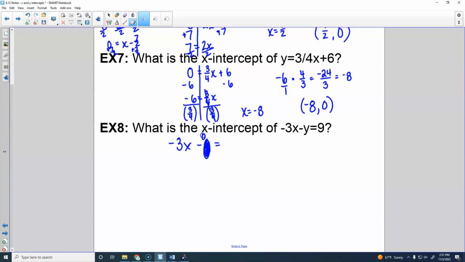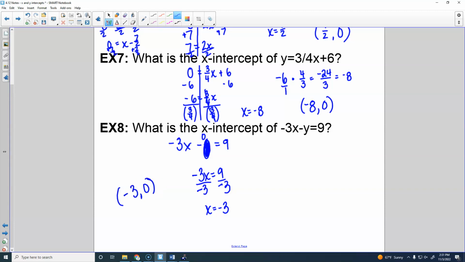Well, 0 right there equals 9. So that's just negative 3x equals 9. We just have to divide by negative 3. X equals negative 3. And so we would have negative 3, 0.